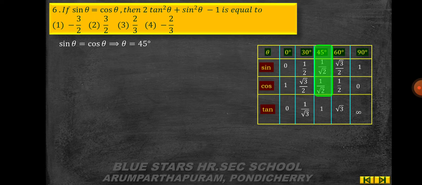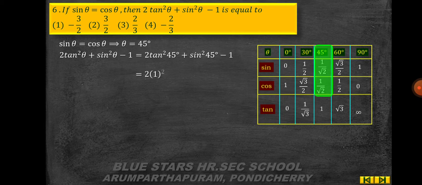So theta is equal to 45 degree. 2 tan square theta plus sin square theta minus 1 is equal to 2 tan square 45 degree plus sin square 45 degree minus 1, because cos and sin are equal only when theta is 45 degree. So we are putting 45 degree instead of theta.